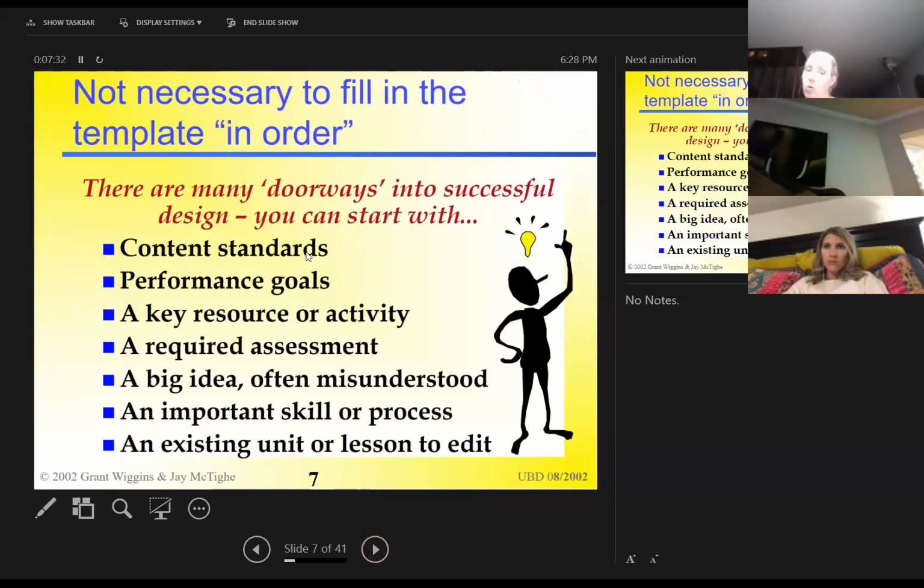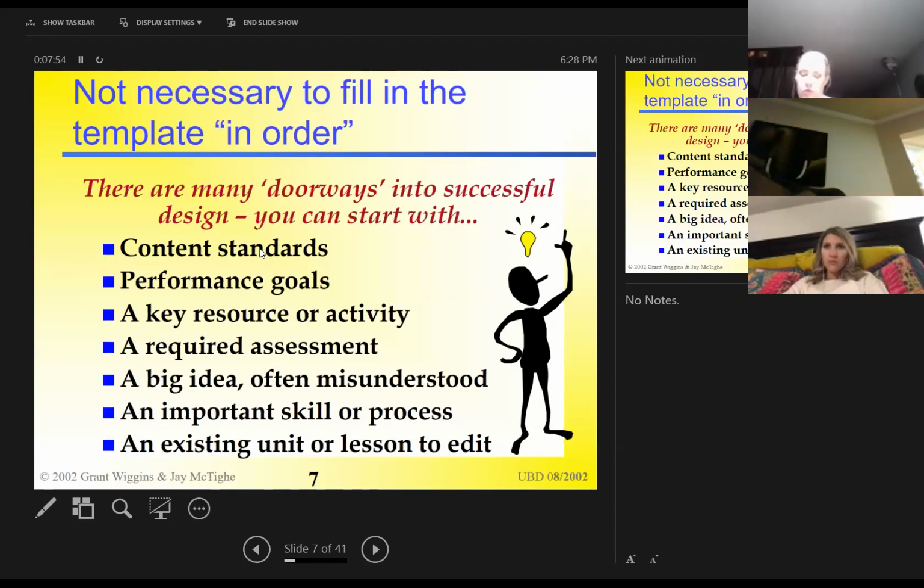So you can start with, and I'm not going to read all these to you, the content standards. You can look at all of these different places that you might want to start. I will tell you 90.9% of the time, you're probably going to start with a content standard, because we know that everything is so content driven and standard driven right now, this makes the most sense.